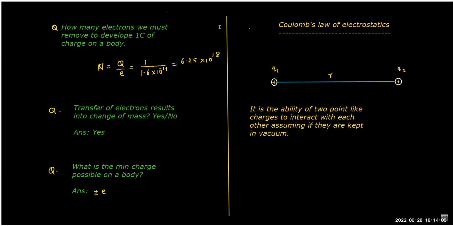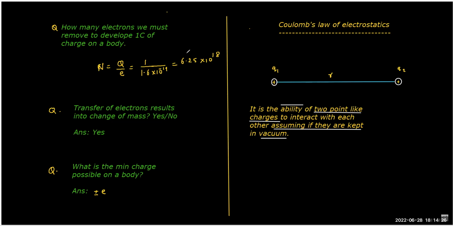Everything is hidden in the definition itself. First of all, assuming they are kept in vacuum is the phrase you need to remember. They are point-like charges, and this defines the ability. I will just put a bar over this ability.